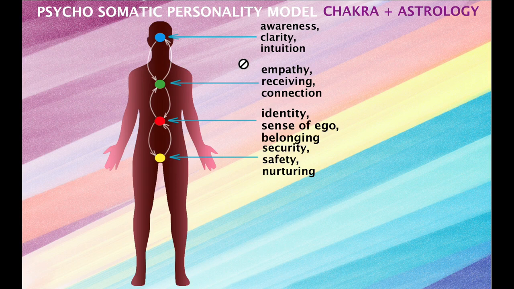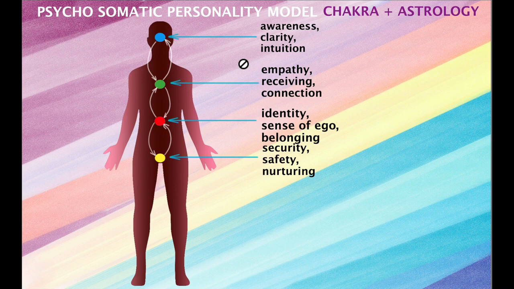Let's say you have a very high sense of empathy. I'll just give you one example here because you can stretch it to any of the work that you are doing also. Let's say you have a very high sense of empathy. So the green dot is glowing really high. That feeds into the upper one and the lower one, as you can see.